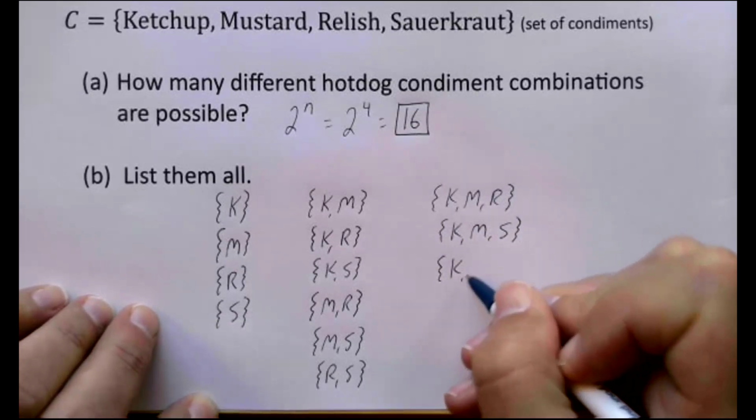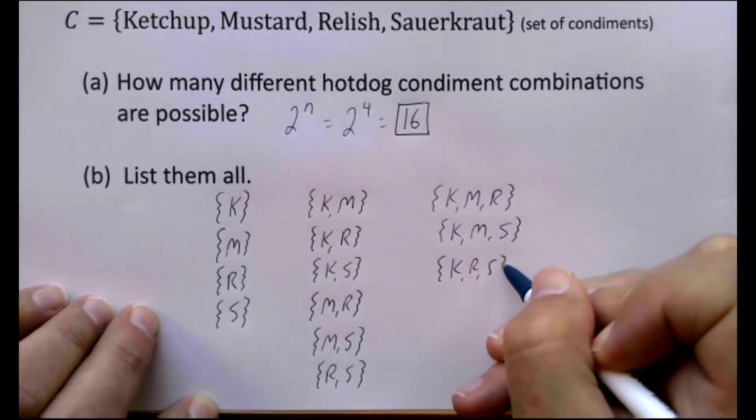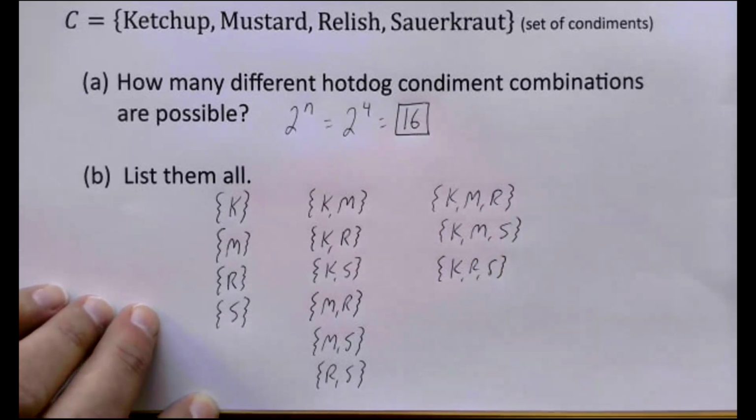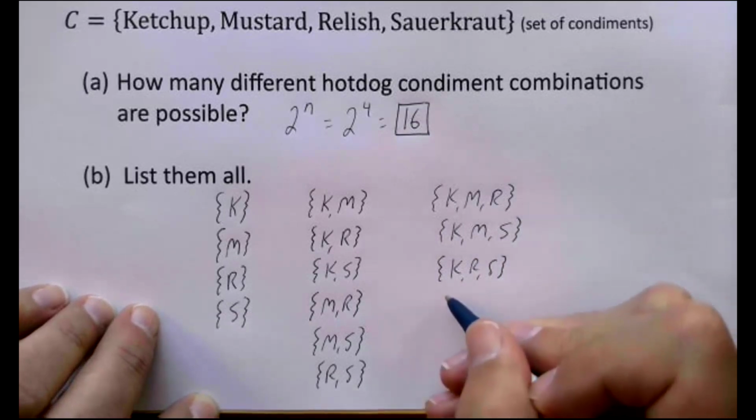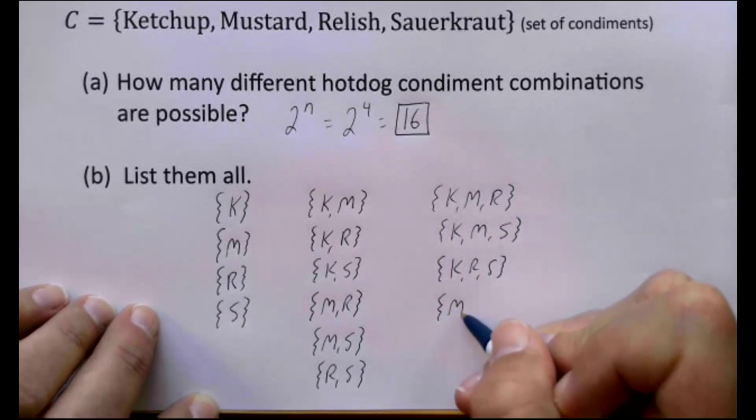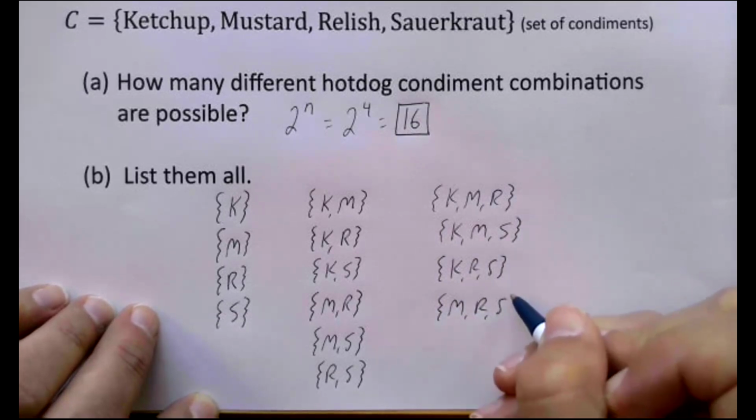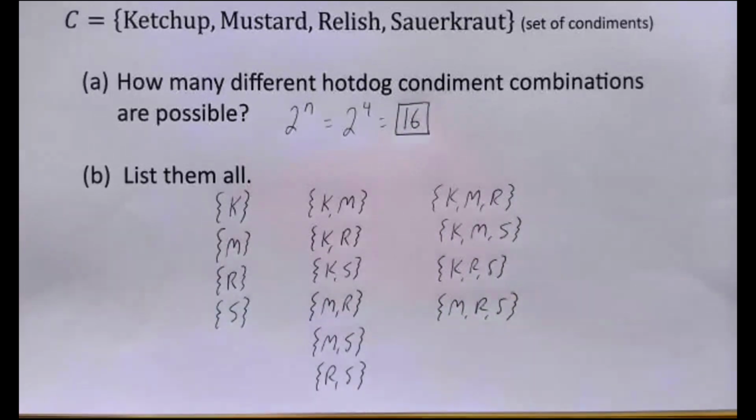I could do ketchup, relish, and sauerkraut and say, no mustard, please. And finally, I could say, hold the ketchup, right? So mustard, relish, and sauerkraut only. I think those are the only ones. There's four of them right there, and those are the four subsets of set C that have three elements each.